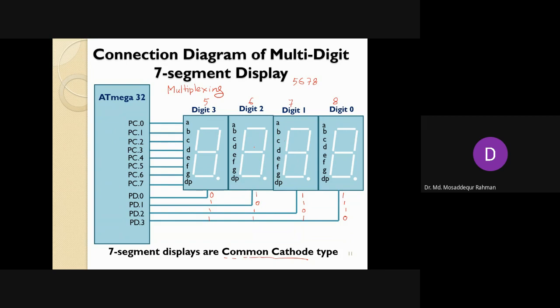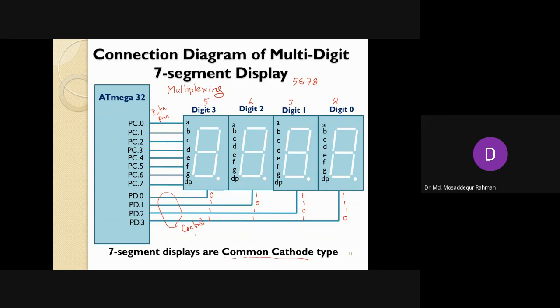So this is how it will work, and this is how you have to connect. Usually with a 7-segment display, you can have a single-digit display chip, or you can have multi-digit displays. You can have 2-digit, 4-digit, or 8-digit 7-segment displays. There are different numbers of digits available. These will be called the data pins, and these we can call the control pins.